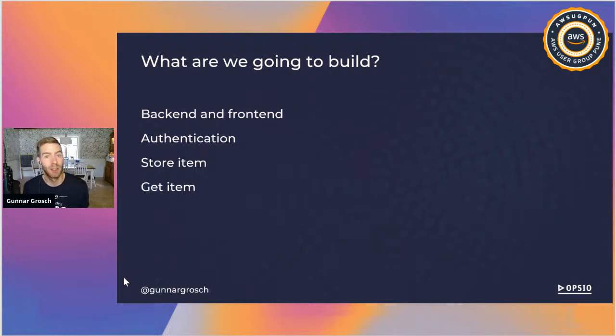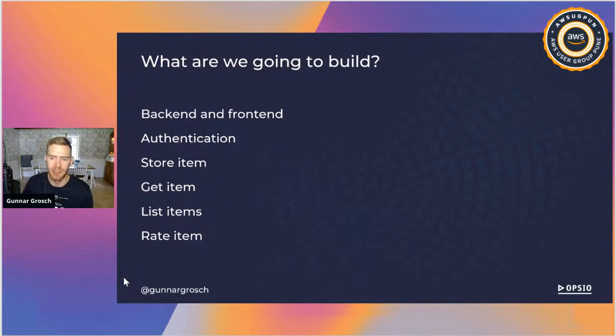Another part is, of course, to then get items, to be able to retrieve the items that we have stored. We'll be able to list different items. And we'll also have functionality for rating items so that we're able to rate, or other people are able to rate the items that we have added.